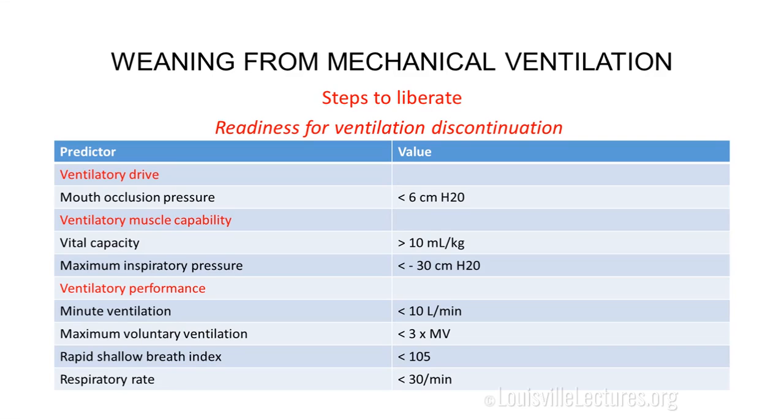You want to look at your minute ventilation, and that has to be less than 10. Maximum voluntary ventilation, we don't do very often here. Rapid shallow breath index, we do that. It has to be less than 105, and your respiratory rate less than 30. So you look at these parameters, and if the patient is doing okay within these parameters, you move on to a spontaneous breathing trial.